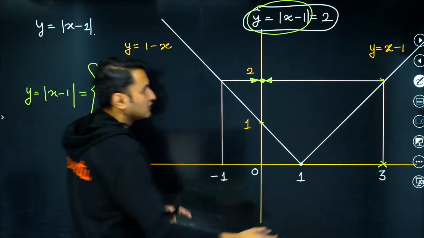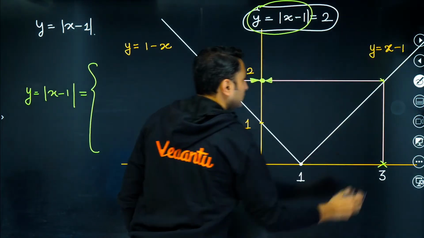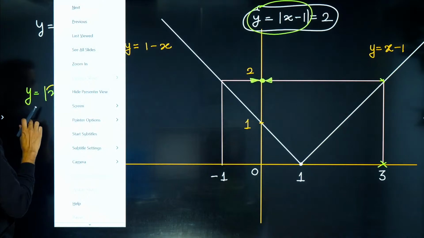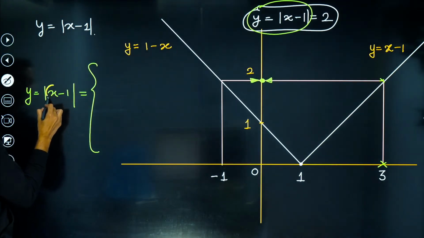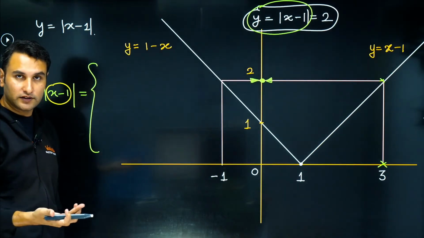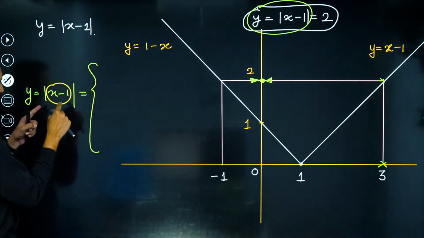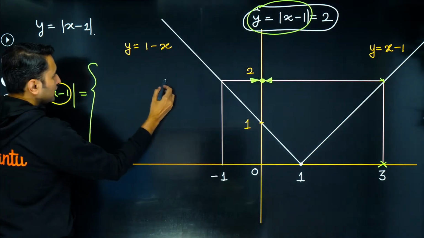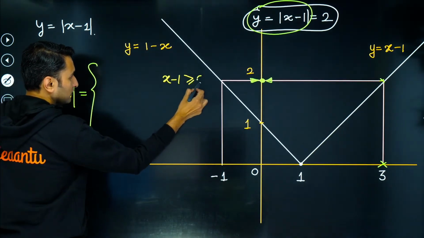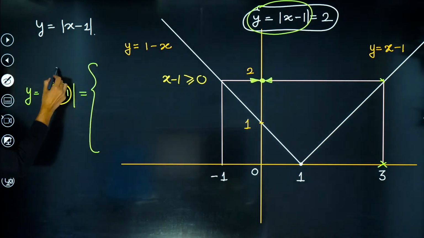Remember, the input, or the x minus 1, how will I open the modulus? I want to write y after opening the modulus. How do I write it? When the input is positive, what is the input?